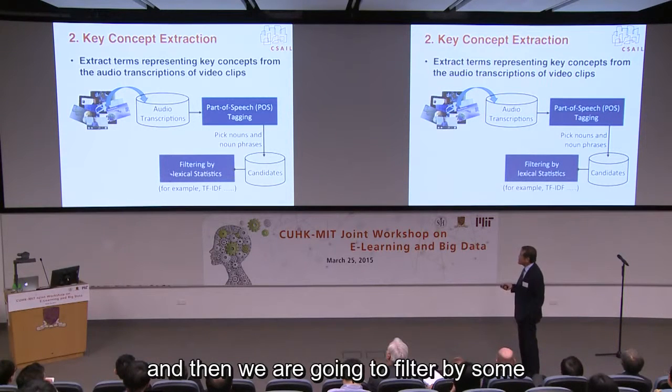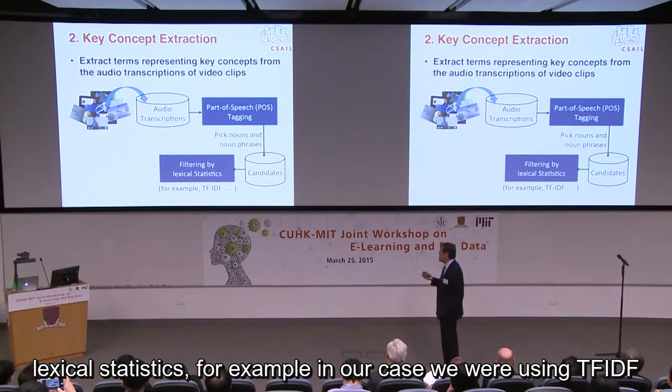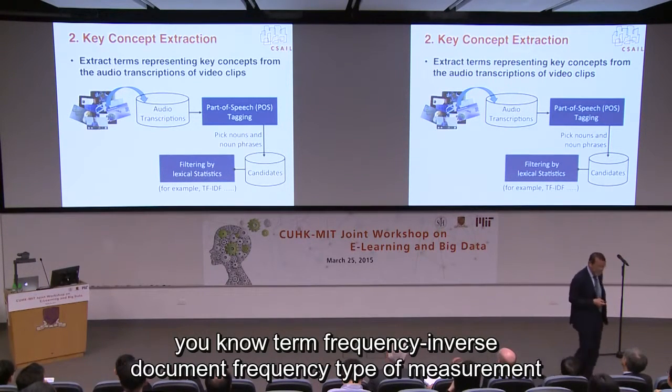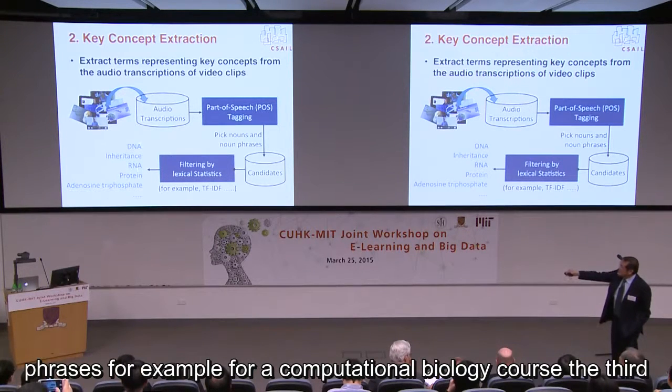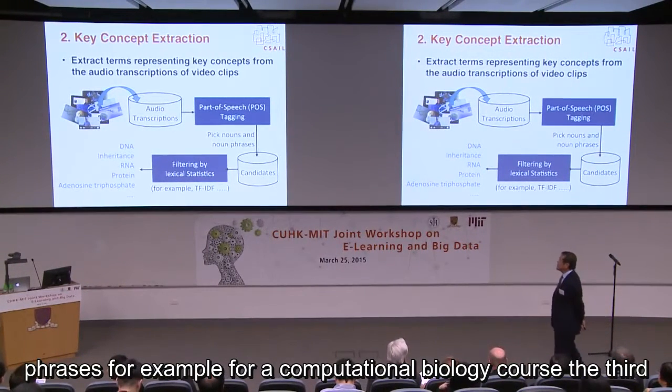Then we filter by some lexical statistics. In our case, we used TF-IDF, term frequency, inverse document frequency, type of measurement. Once that is done, we get a bunch of noun phrases, for example, for a computational biology course.